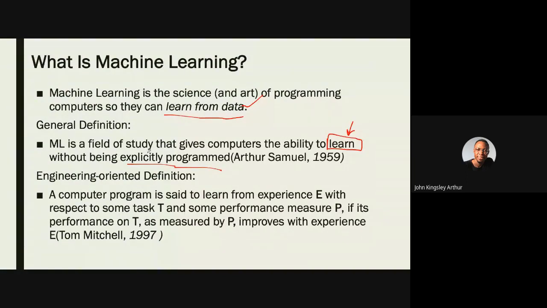Number two, the general definition specifies how the development is going to be done. We are going to do some programming, but it is not an explicit programming that we're going to do. That simply tells that we are not going to write the rules of the expected outcome, each line after the other, as compared to the traditional approach in development, where we write each single line of instruction telling how the output is supposed to be achieved.